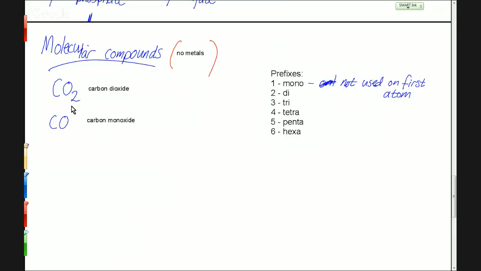So you'll notice carbon dioxide, there's 1 carbon, there's 2 oxygens. It should really be, based on these rules, monocarbon dioxide, but we leave that mono off when it's on the first one. We only use it when it's on the second.